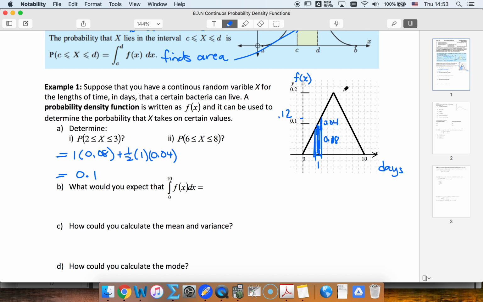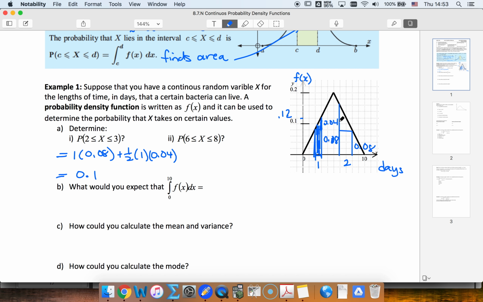Now 6 to 8. So 8 is over here. And 6, it's too bad it's not symmetric, because then I could just add the whole thing. But here's my 6. So again, I could do the same thing. This time, I'm going to have 2 over here, same height here, 0.08.